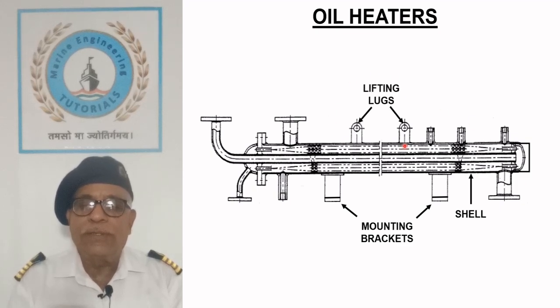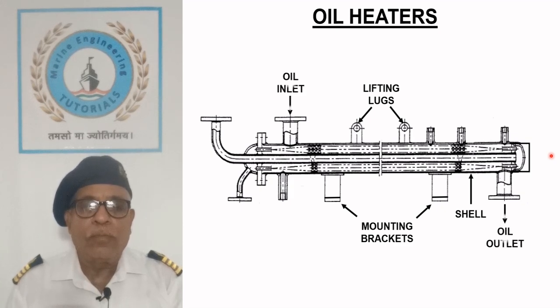Two lifting lugs are provided for the transportation of oil heater. Oil enters the shell from the top at one end and leaves from the bottom at the other end.